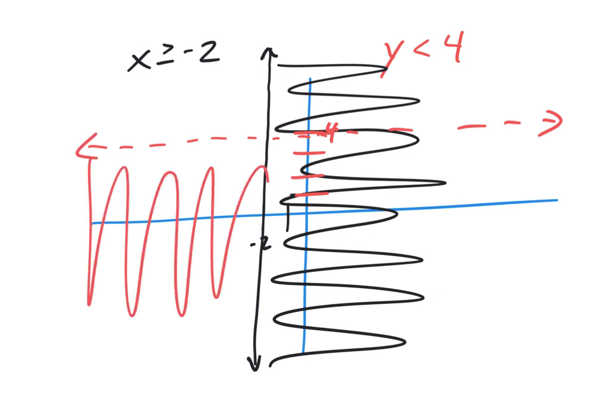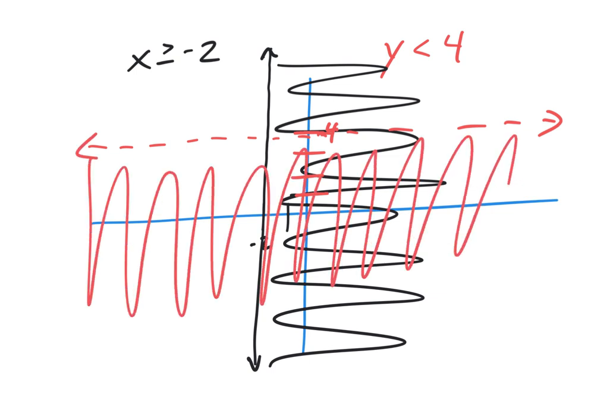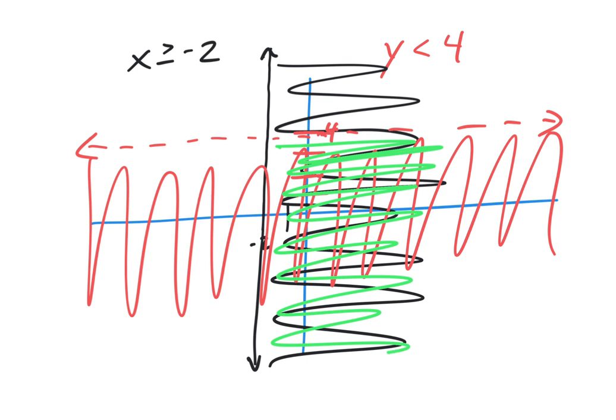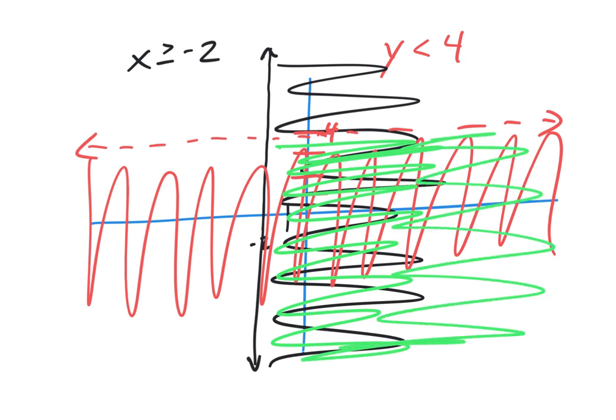And it's going to be below. And then once again, we're looking for where both of these are shaded. So it would be below the red, to the right of the black, and that would be our shaded region.